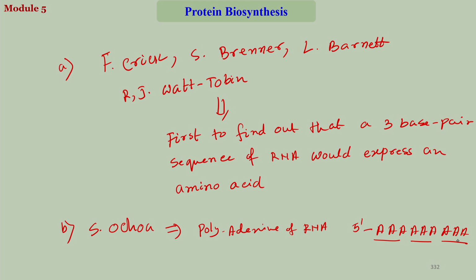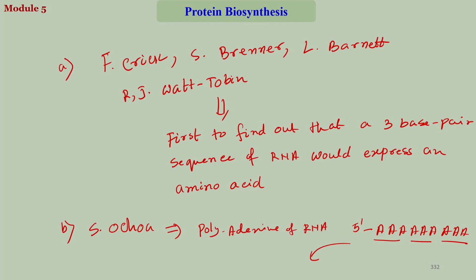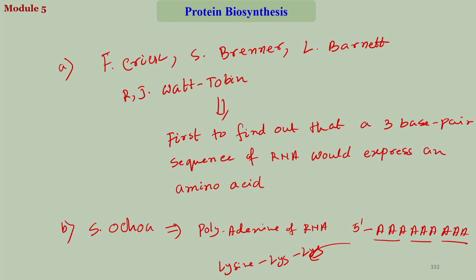If you take this particular RNA with a polyadenine chain, then the protein or the peptide you synthesize out of this would be lysine, a polylysine. So, a polylysine was synthesized out of polyadenine RNA, and of course, the numbers had the parity that 3 bases, or 1 codon, corresponded to 1 amino acid.